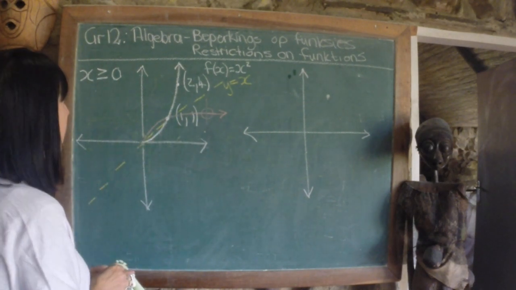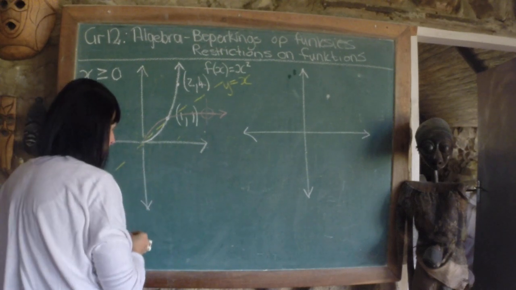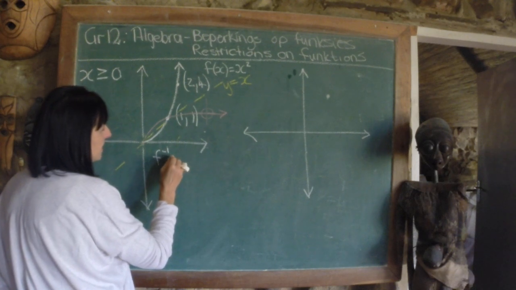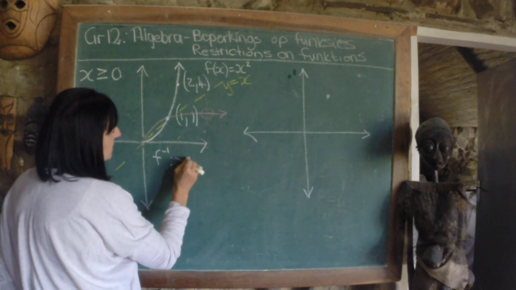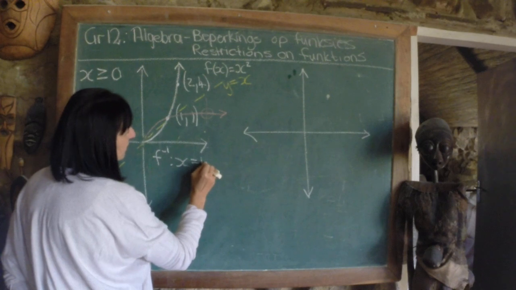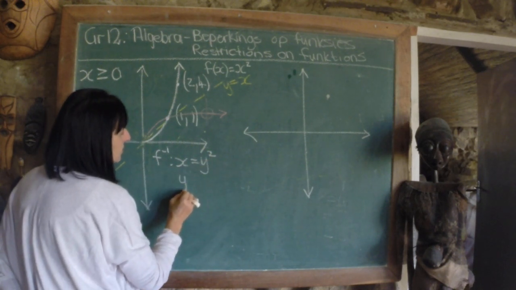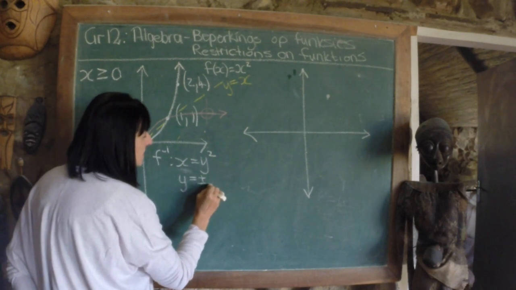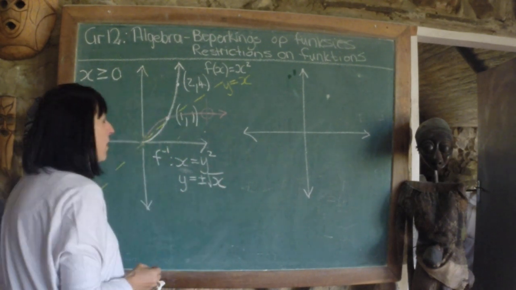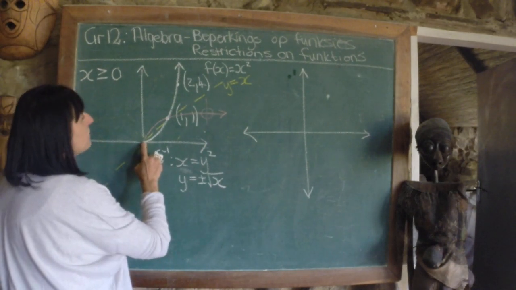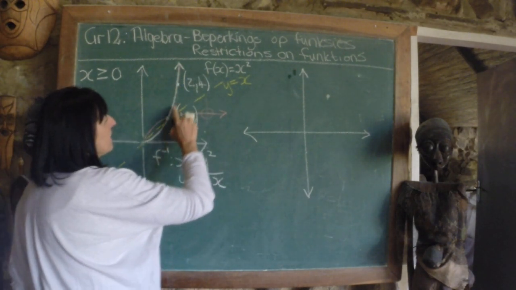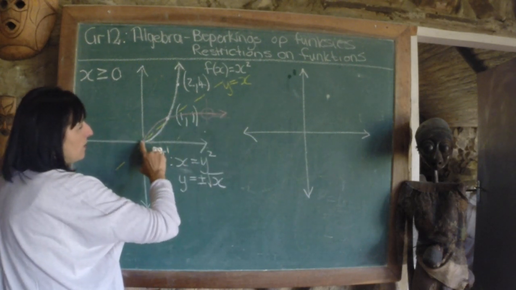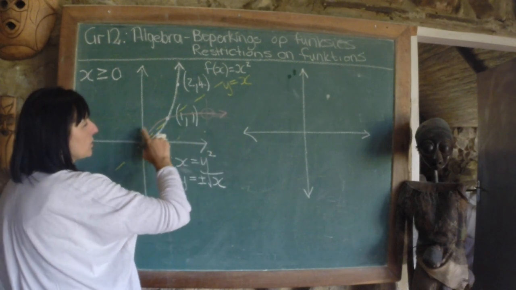Let's get the name of this inverse function. As ons die x en die y waarde nou gaan omruil, dan kry ons x is gelyk aan y kwadraat, and if we get it in terms of y, we've got y equals plus minus the root of x. Maar ons sien dat dit net die boonste gedeelte is wat geldig is, so it's only that piece of the inverse graph that's also valid.